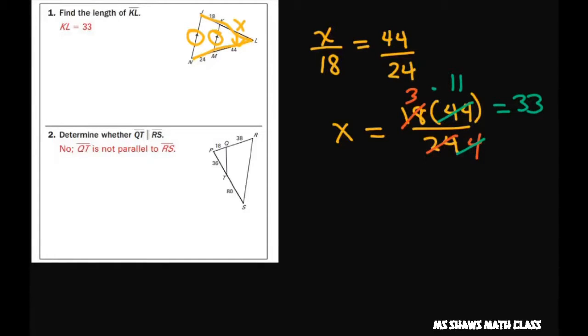All right. And we're going to determine whether QT is parallel to RS. So just set up the proportions, and you'll have 18, and I just make a V here. So 18 divided by 38, does that equal, and go across, 36 divided by 80.